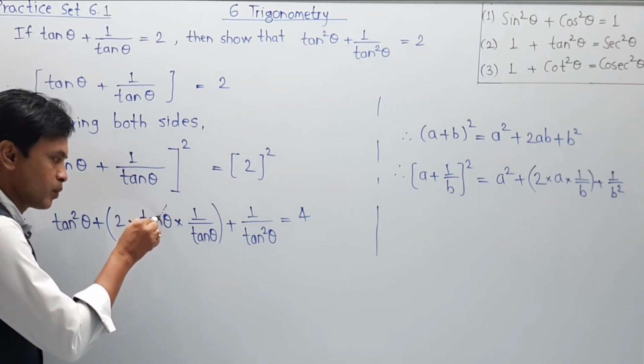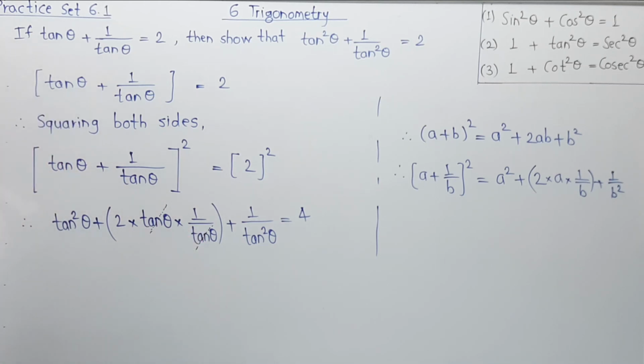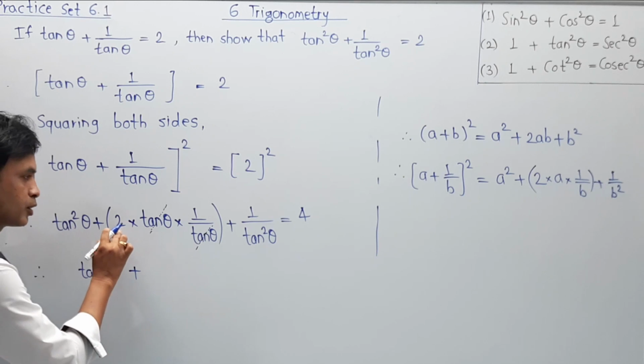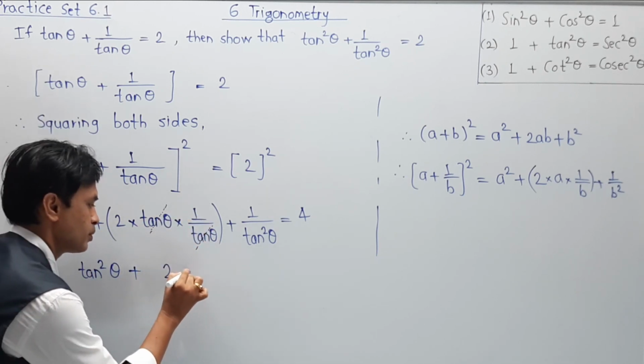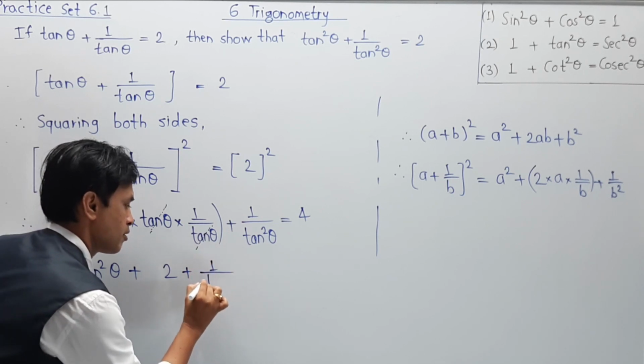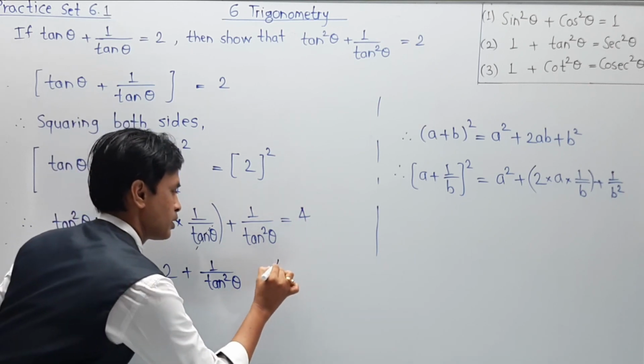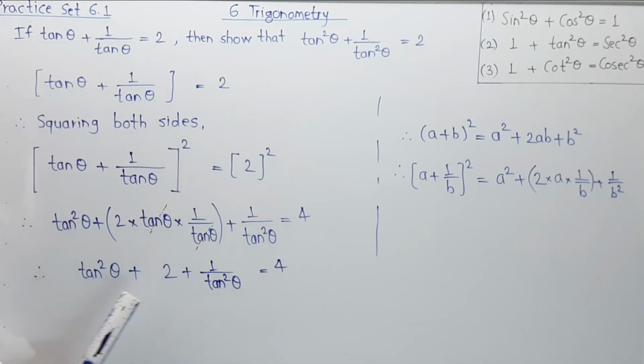If I cancel 1 tan theta from the numerator and 1 tan theta from the denominator, the simplified value of this square expansion becomes tan square theta plus 2 into 1, that is 2, plus 1 upon tan square theta, is equal to 4. This is nothing but the simplified version of this square expansion.